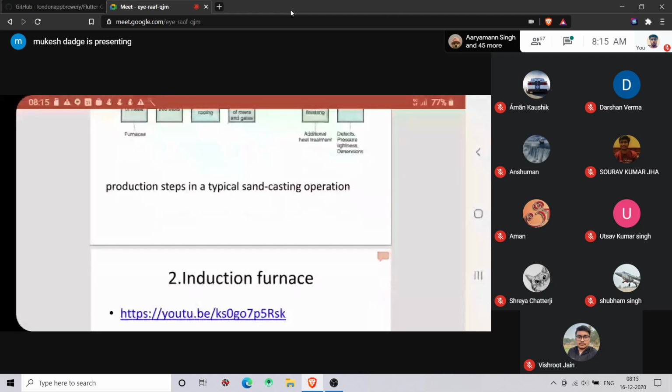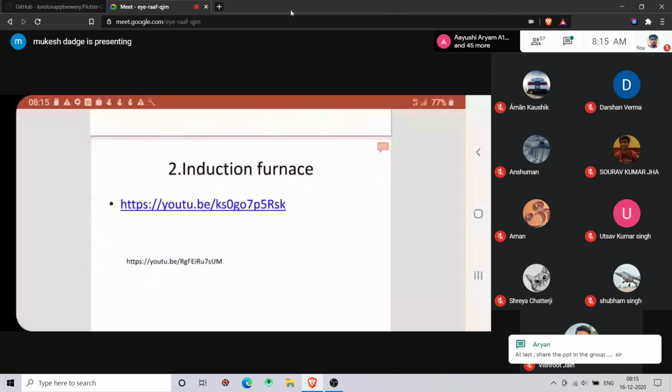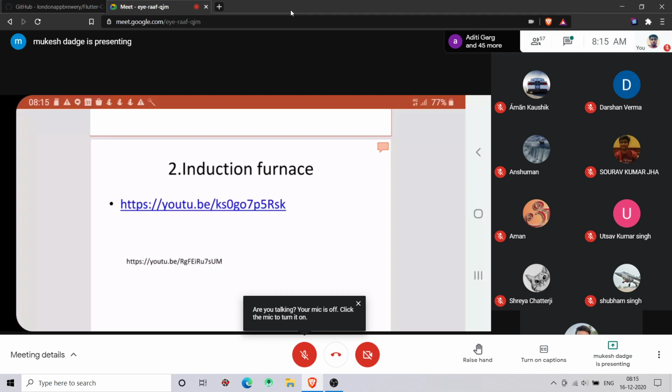So induction furnace. One video is there. Whenever you are bored, I will show you the induction furnace. As far as the principle is concerned, some coils will be there, and you have to heat it, and EMF will get generated. And then heating will be there, so that you can use it as a heating furnace, and you can pour in the mold.